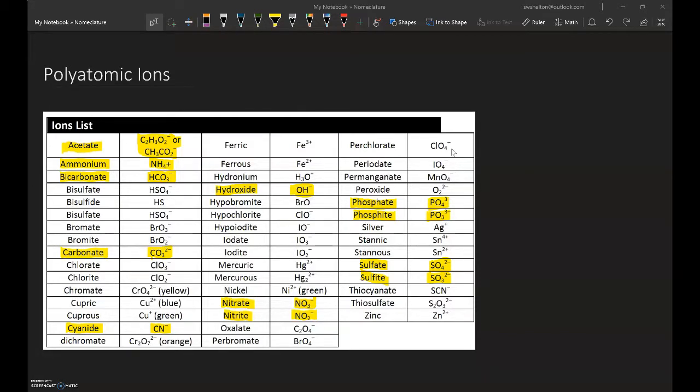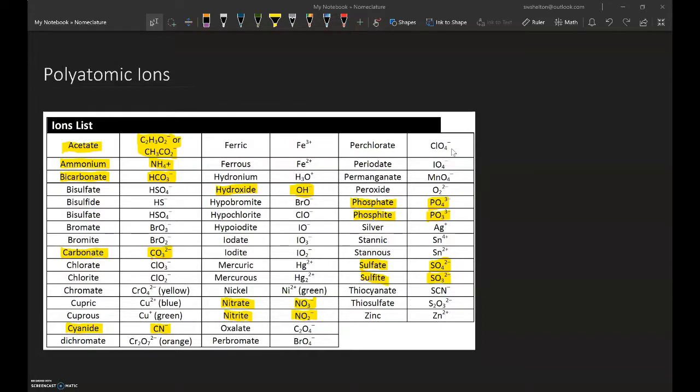And if you go through this list, and you find that it says bisulfate, bisulfide, each one of those has only one hydrogen. If we look down the list to cyanide, we see that it has a formula of CN -1 charge.